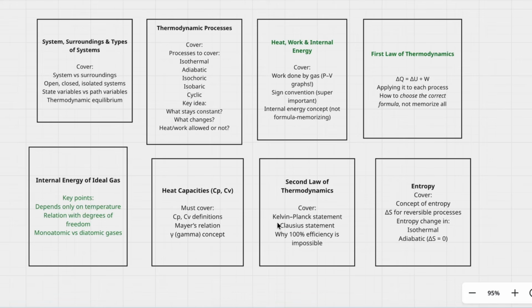So you should cover the Kelvin-Planck statement, the Clausius statement, why efficiency can't be 100% in the Carnot cycle and all, right? And then there is one more concept, entropy. You should cover what exactly is meant by entropy, when it changes, and all the equations related to entropy, right? And then there are also things like the Carnot cycle, the refrigeration cycle, and all those. So you should know all those cycles too, right?